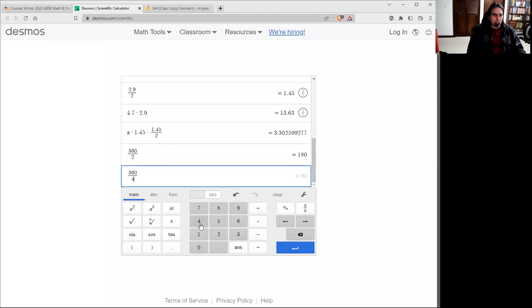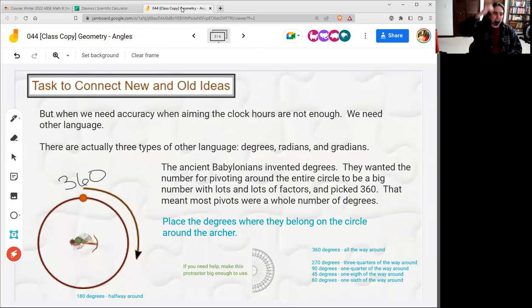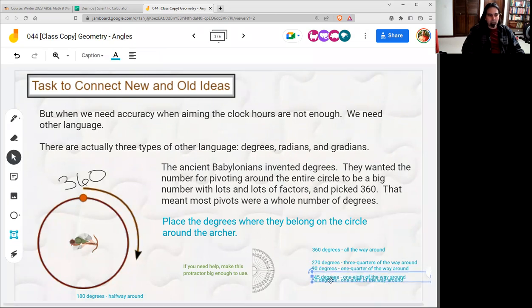And we're going a quarter of the way around, so we're looking for 90. Are these too small to grab? I know 2 of you are eating dinner.